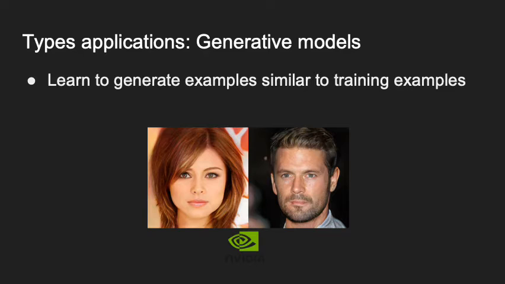Another type of applications that had a lot of success in recent years is generative models. So for generative models, what you're trying to do is to learn the hidden or latent representation of something so that you can generate more of that thing. For example, here we have images of 2 people, and these people do not exist.